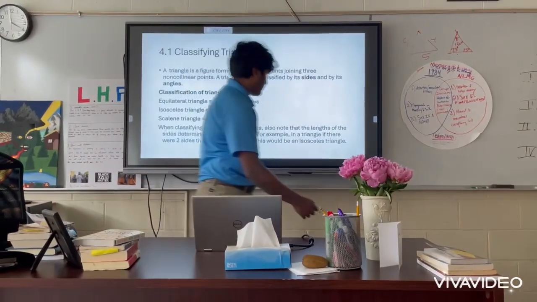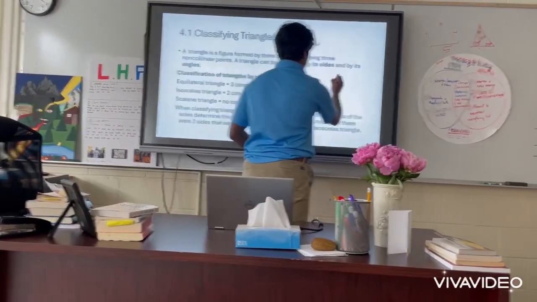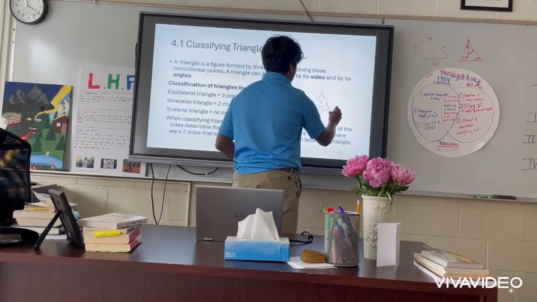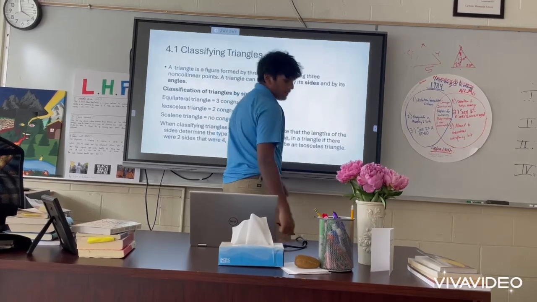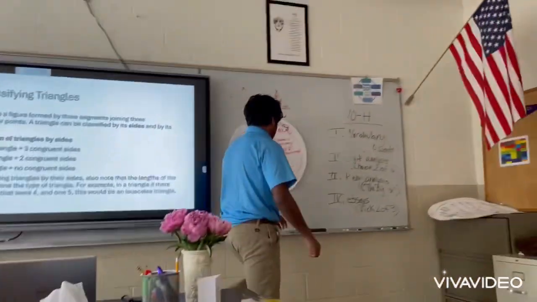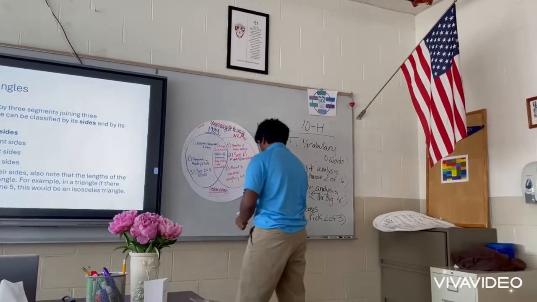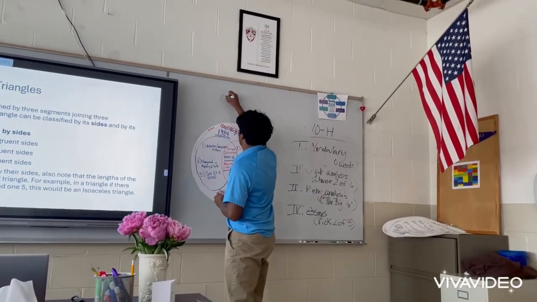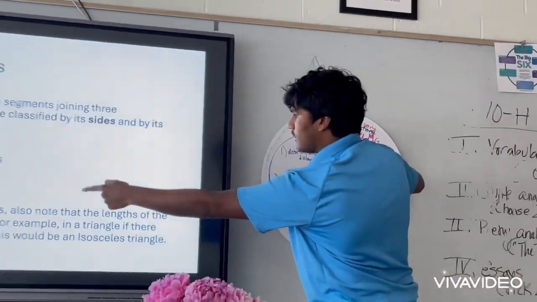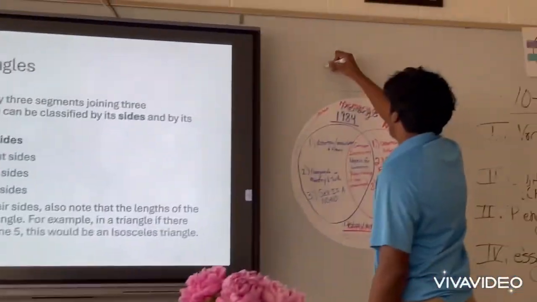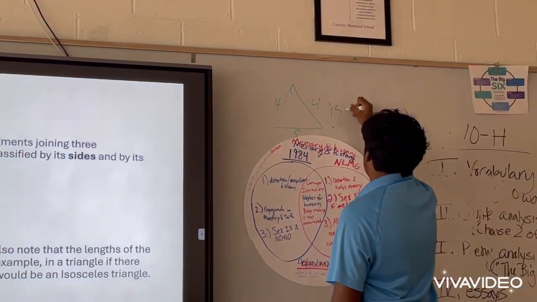I can show you examples right here. 4 right here and 4 right here, 5. This would be an isosceles.